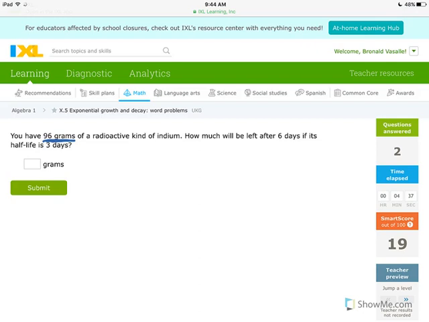This one, let's see, it looks like it's decaying. So a half-life means that it's being cut in half each time. So our start value will be 96. And we're not going to multiply it by a growth factor, we're going to multiply it by a fraction. It's going to get multiplied by a half for every half-life or every cycle that it goes through.